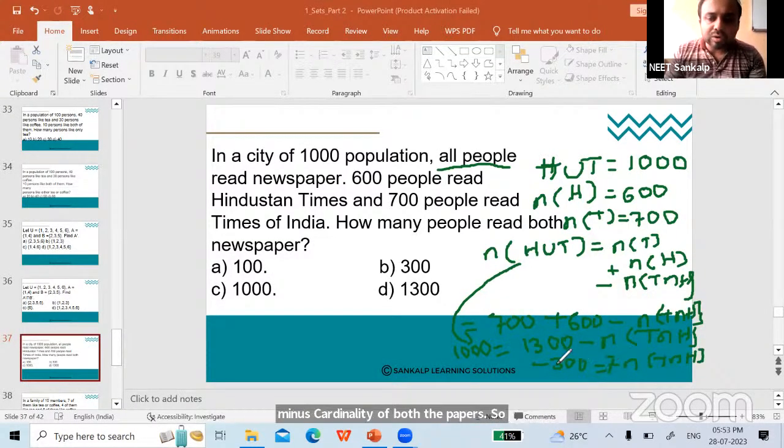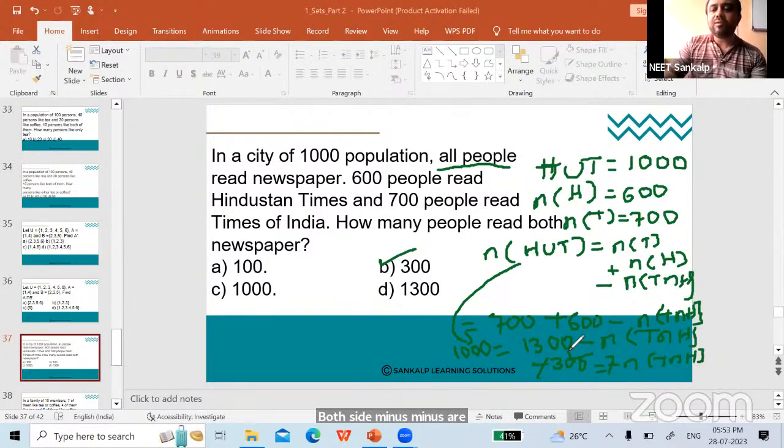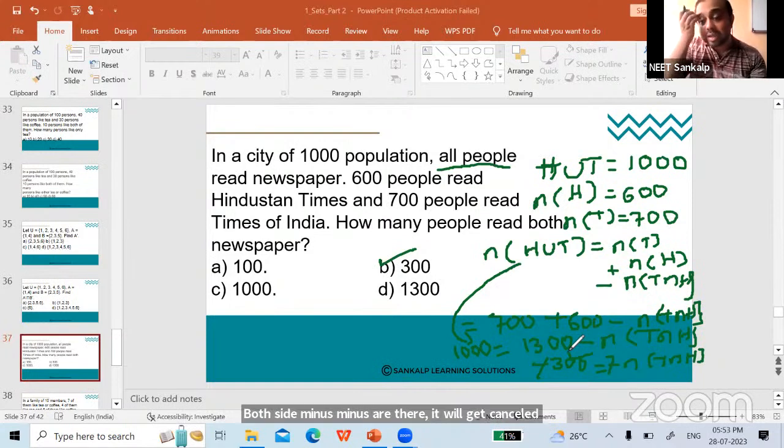Both sides have minus, so they get cancelled out. So the answer is 300. Option B is the correct answer. The cardinality of people reading both Times of India and Hindustan Times is 300.